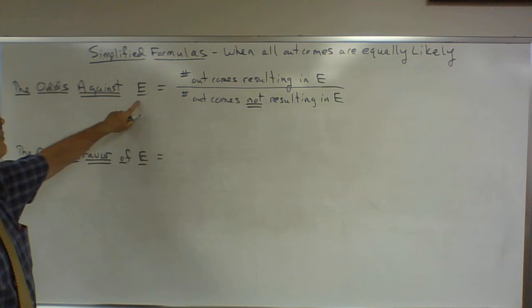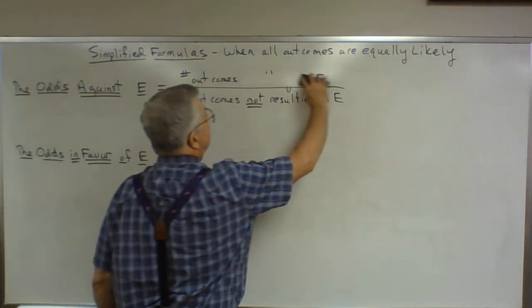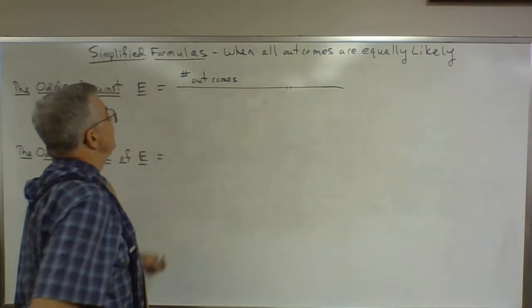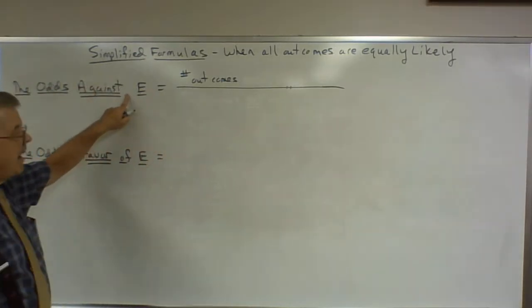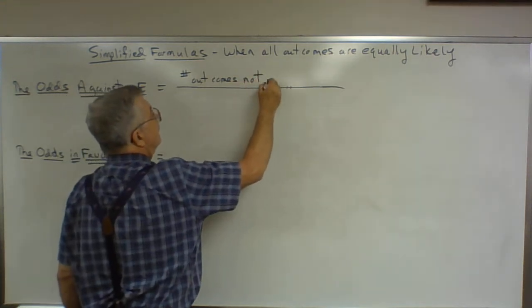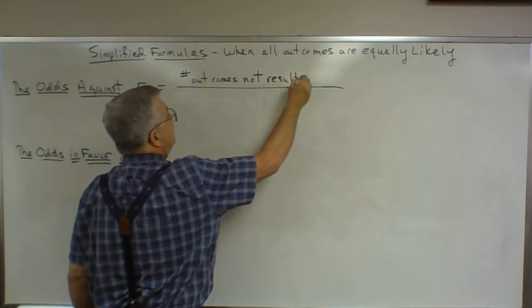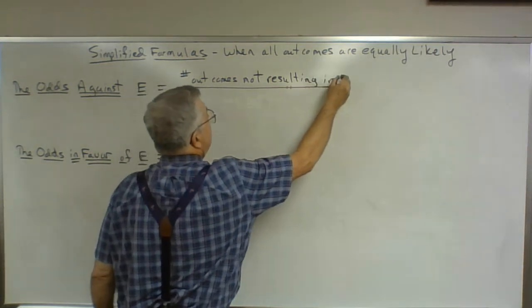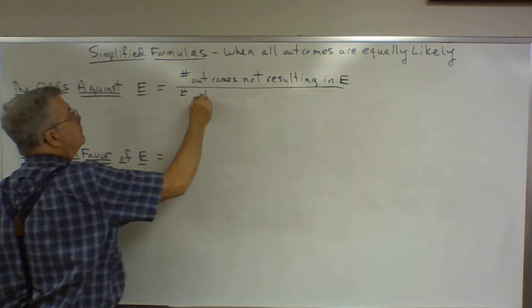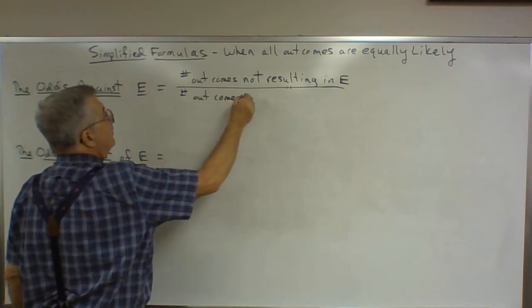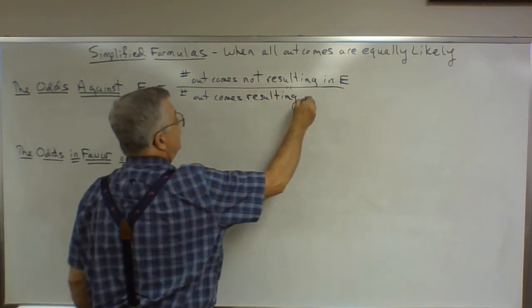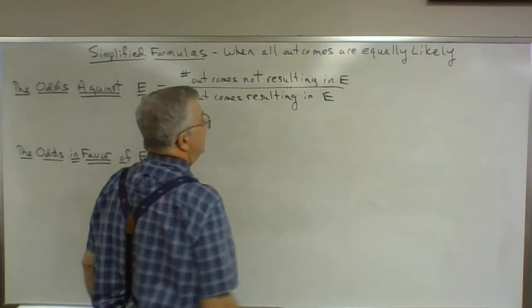The odds against E happening, forgive me, the number of outcomes not resulting in E over the number of outcomes resulting in E. I apologize.